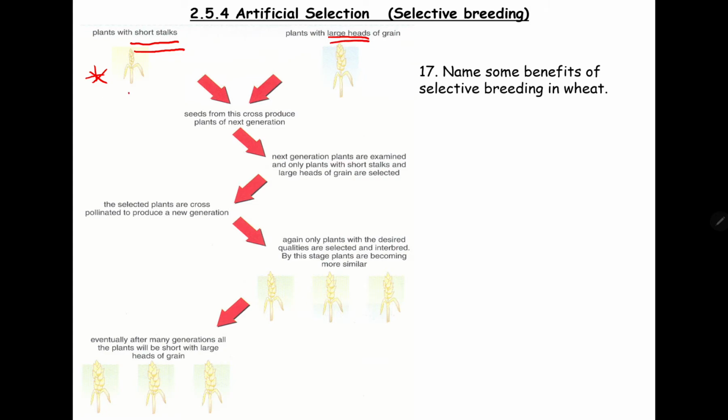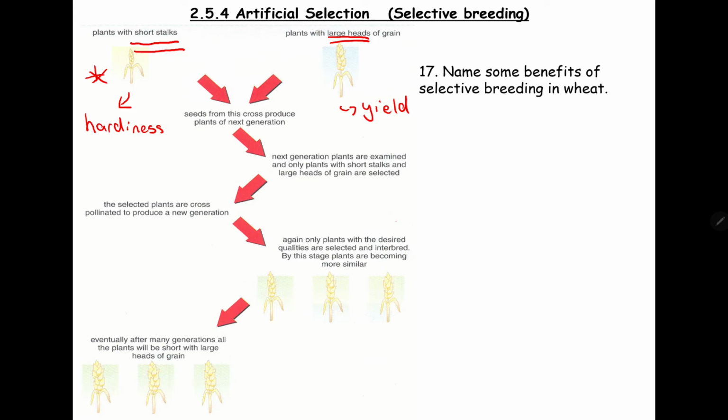Okay, so if we just imagine here, and this is giving us reasons for it, this plant here is less likely to be damaged, it's a little bit more resistant, okay, or hardy. This one here will have an increased yield. Okay, so these are two traits that farmers would want in their barley crop.